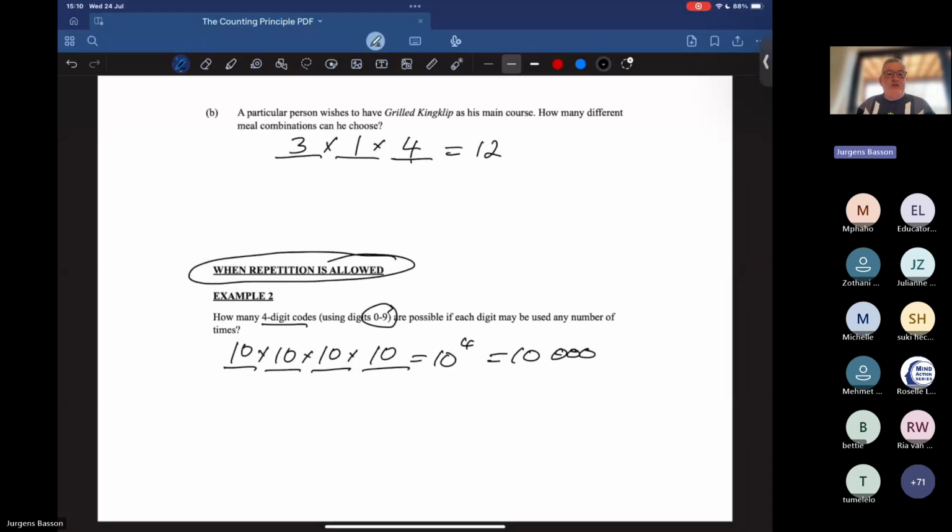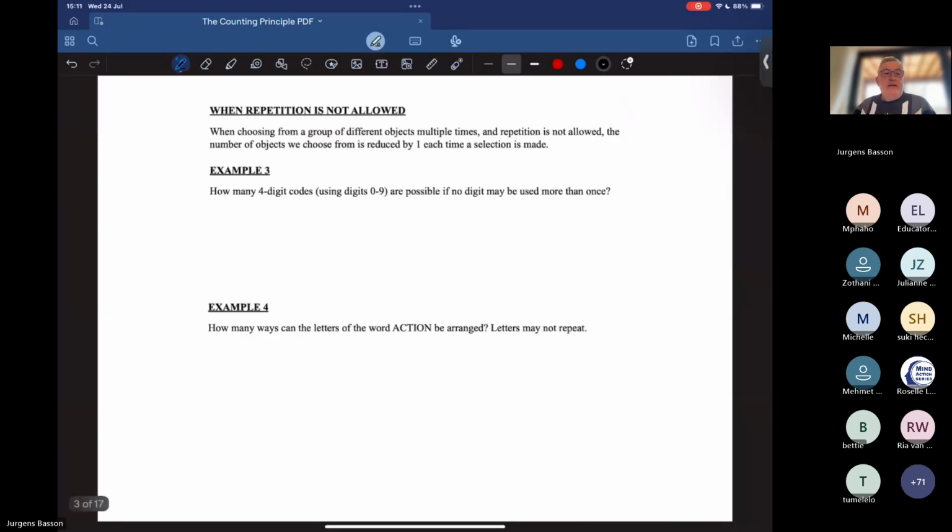And now you most probably see and already anticipate what we're going to discuss next. The next one is very much the same problem, 4 digits, 0 to 9. The only difference now is they may not be used more than once. So this is where repetition is not allowed. So let's do this one. I'm going to draw my 4 lines to represent the code. Now I've got 10 possible digits.